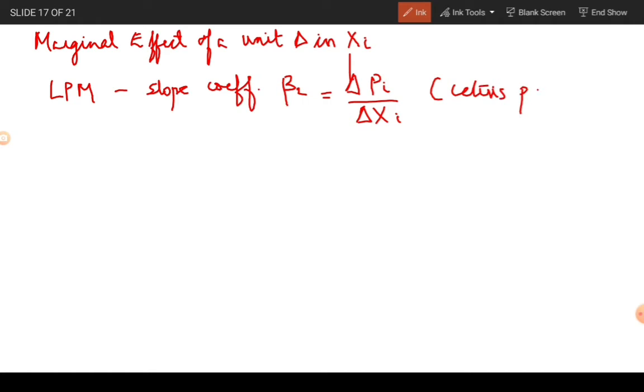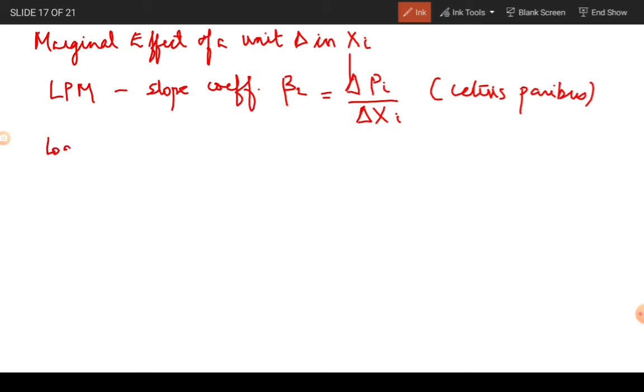So I'm going to write it as ceteris paribus. So this is the marginal effect of the change in value of xi, given all other explanatory variables or regressors are remaining constant.